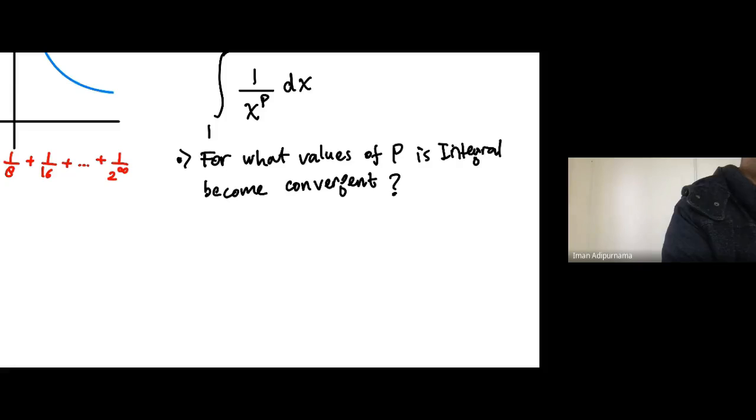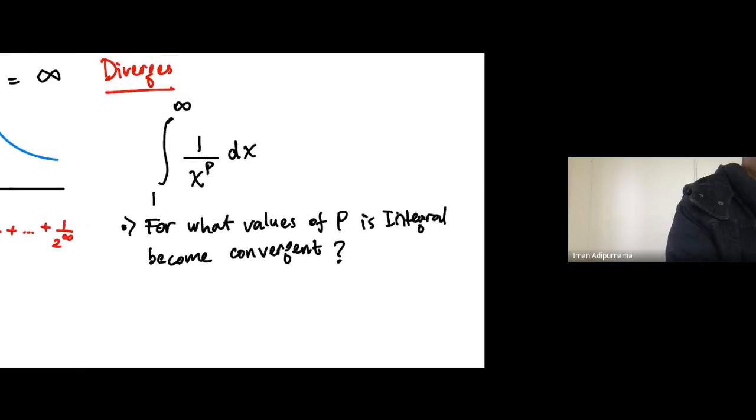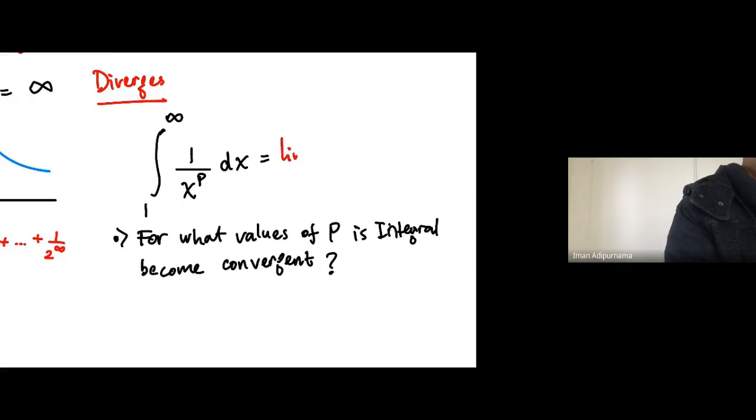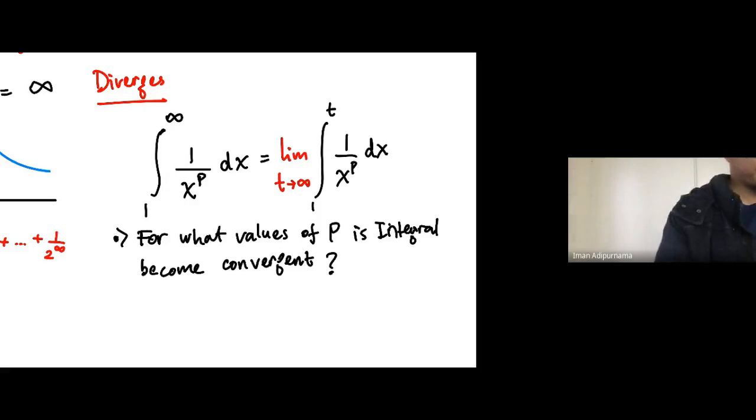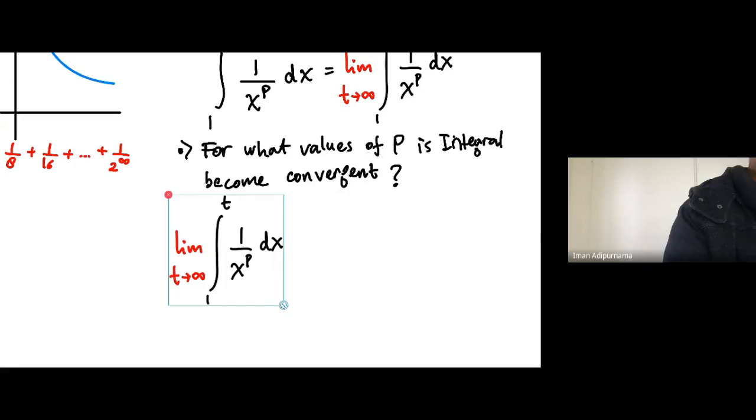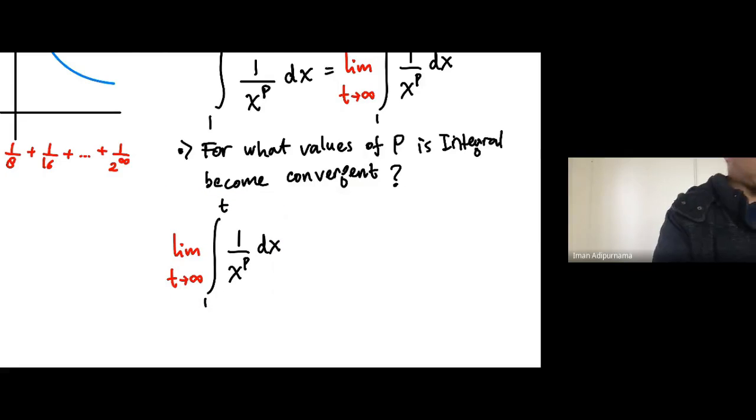So we can write, let me make this a limit as t goes to infinity, of the integral from 1 to t of 1 over x to the p dx, where p is any real number.